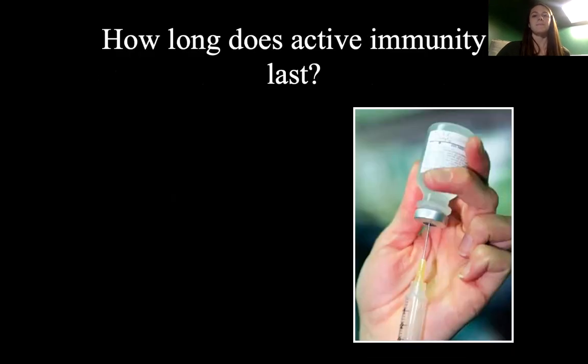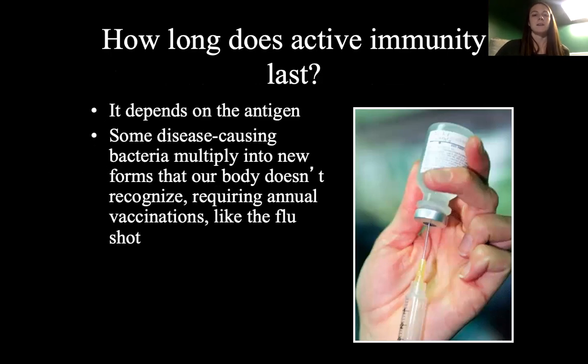So how long does active immunity last? It depends on the antigen. The flu, like I talked about, you need to get vaccinated every single year, because the body doesn't recognize it from years past since it mutates and changes each year. So you need a new vaccine every year.